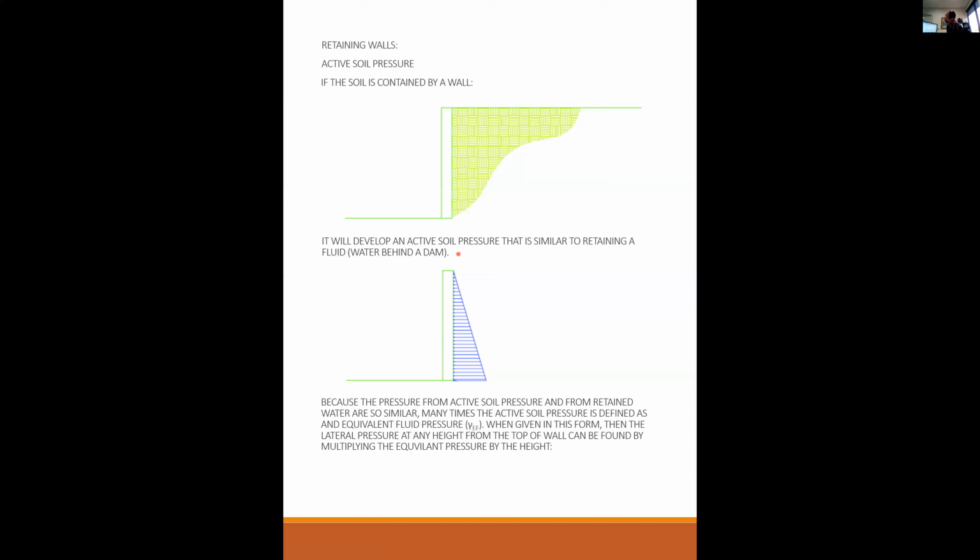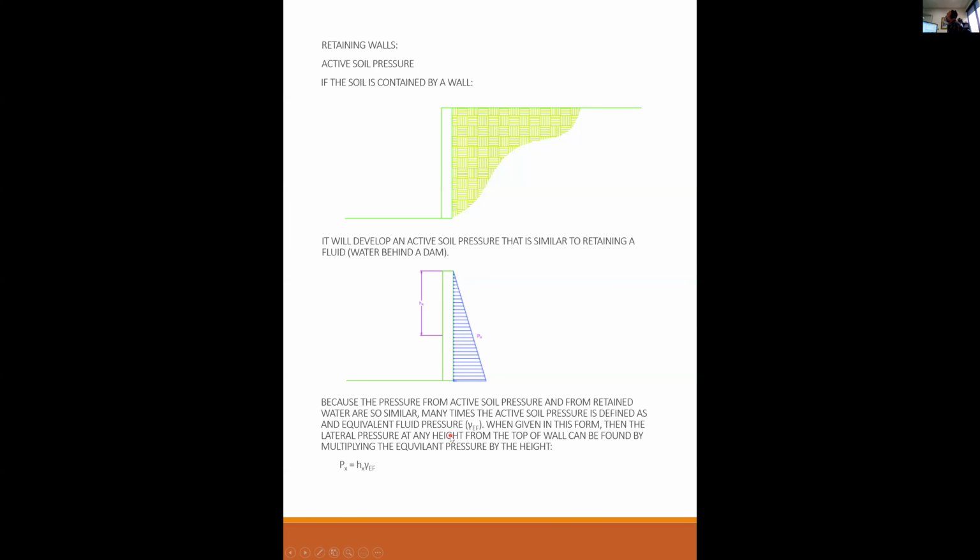So if the fluid, like water, is 64 point something pounds per cubic foot, if you have 1 foot of water, at the bottom of that foot, you have 64.5 pounds per square foot. 10 feet down, you have 640 pounds per square foot, and so on and so forth.